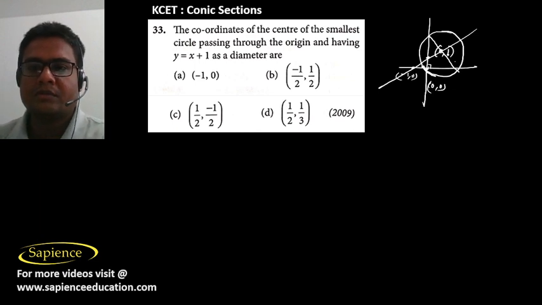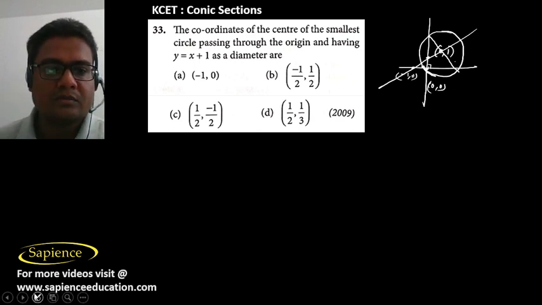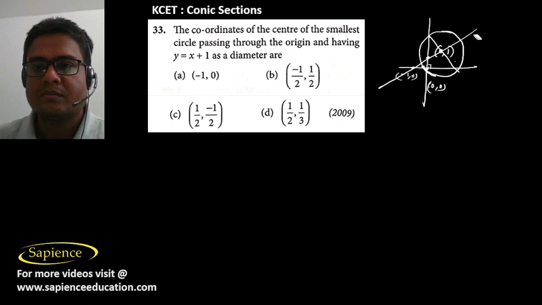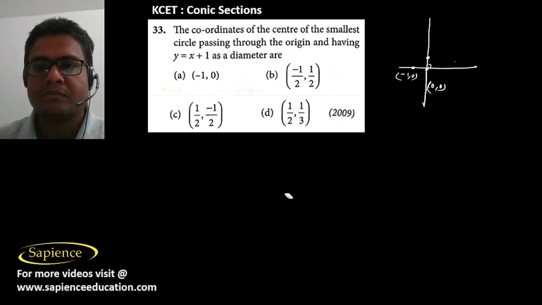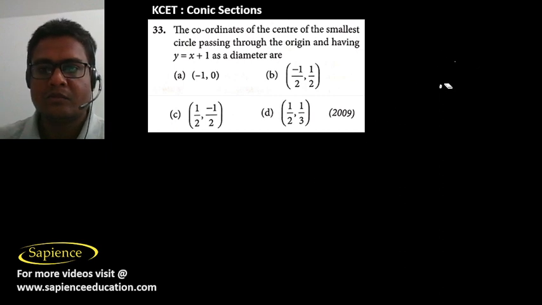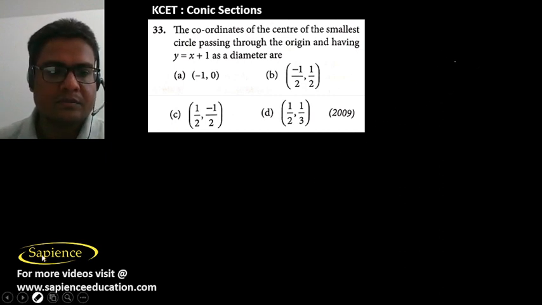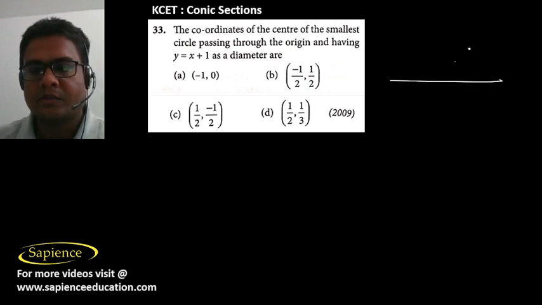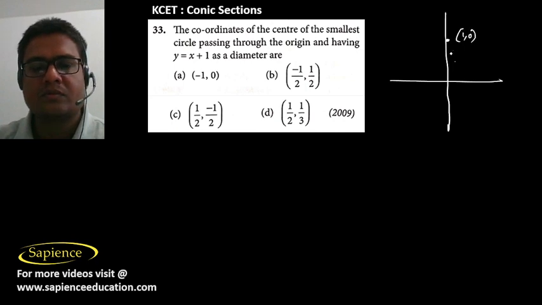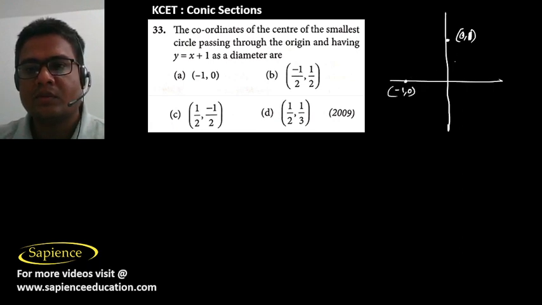So if it has to be the smallest circle, okay, so here this is x-axis, this is y-axis. So let's say this point is 0 comma 1, and this point is minus 1 comma 0.